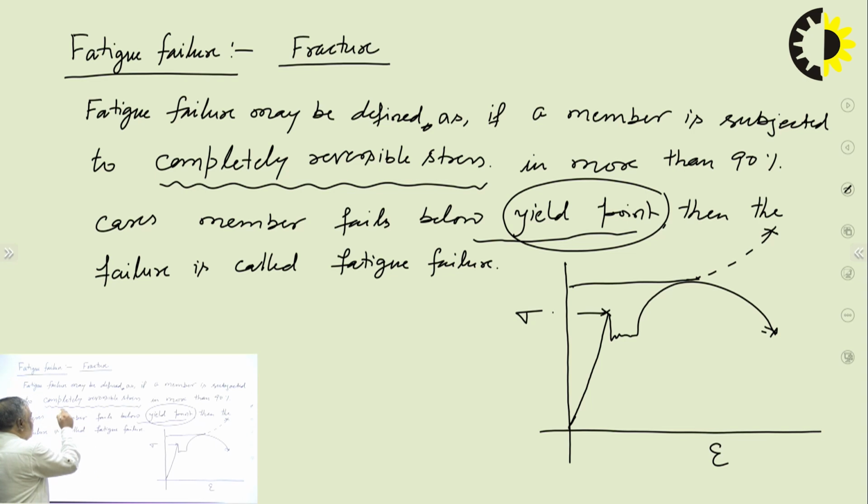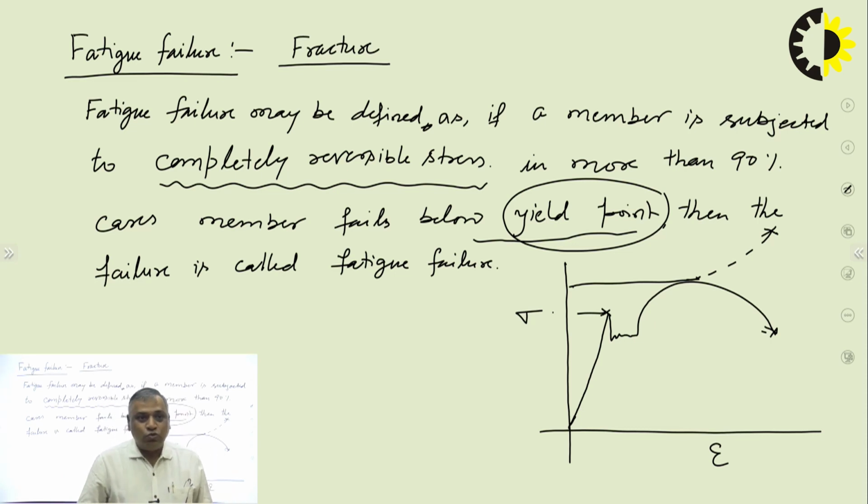Now, under this completely reversible stress, a very interesting example you can take. Without any chisel and hammer, you can break a wire into pieces. You just bend it in one direction at a certain angle, maybe 45 degrees, and the same angle on the other side. After a few reversals, you will find the wire breaks into two pieces, though I did not apply any load with a chisel or hammer.